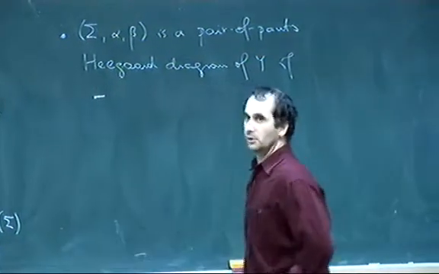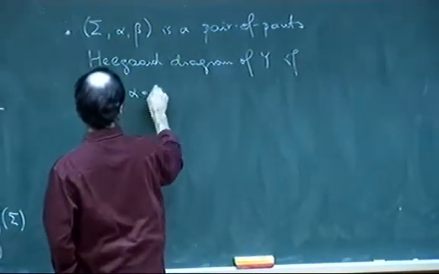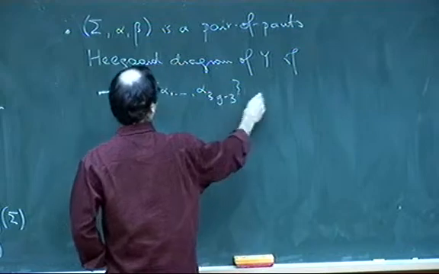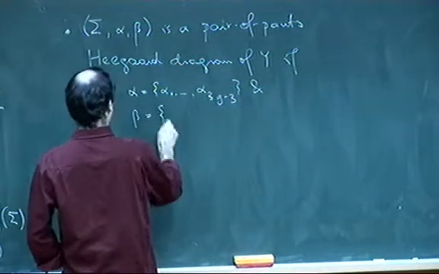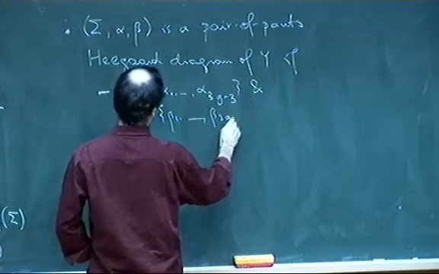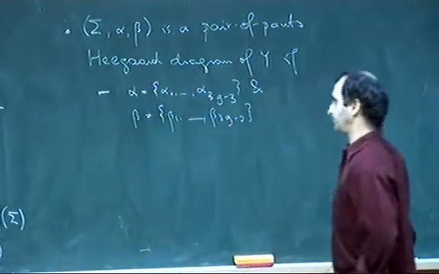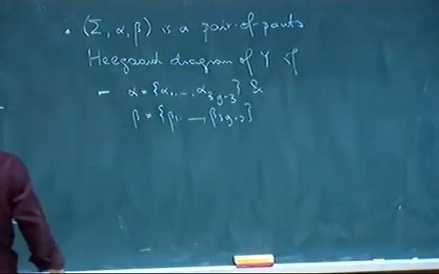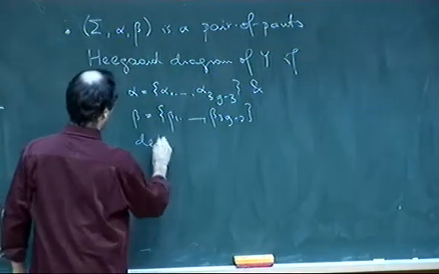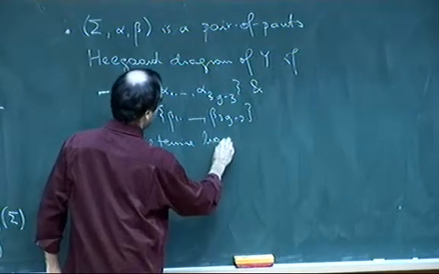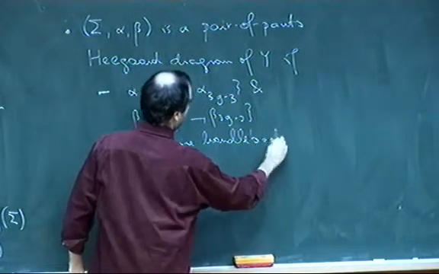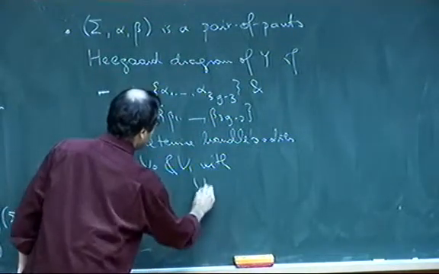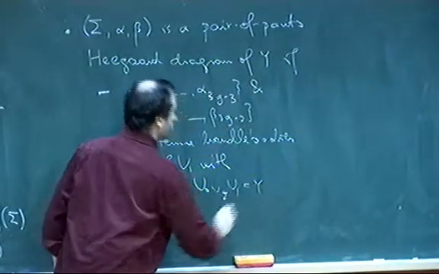First of all, alpha and beta both determine handle bodies, which in turn determine a Heegaard decomposition of Y, so handle bodies U0 and U1 with U0 union U1 equal to Y.